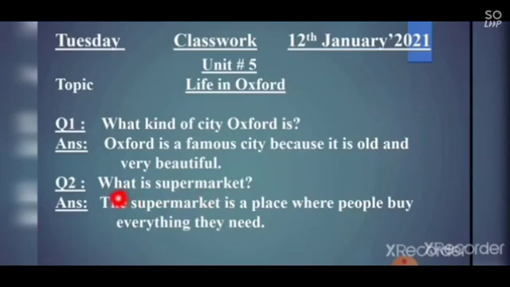What is a supermarket? The supermarket is a place where people buy everything they need.